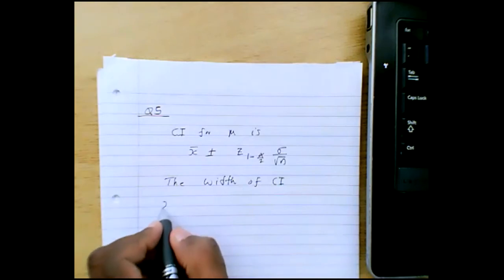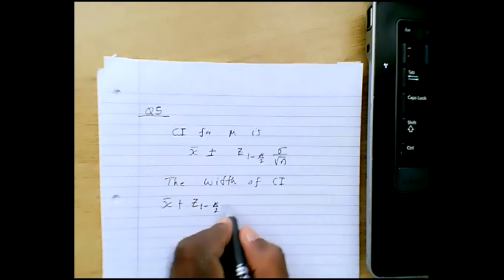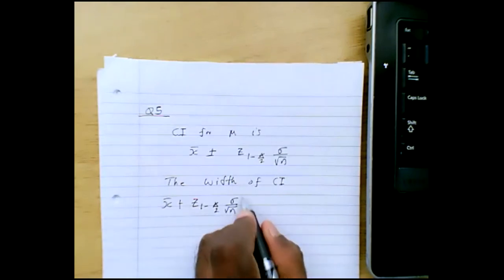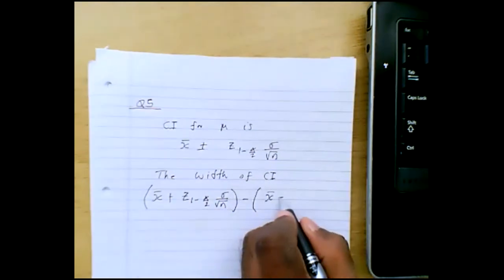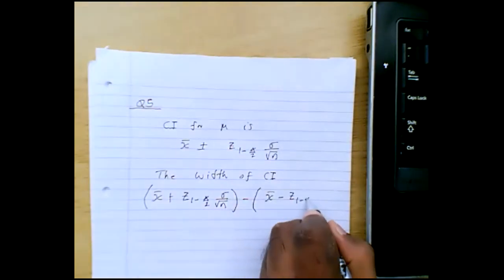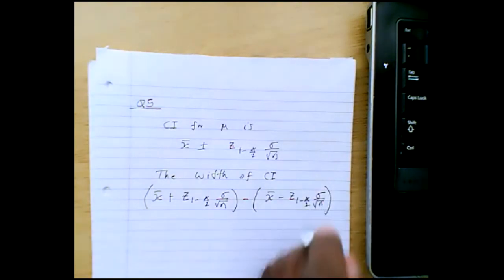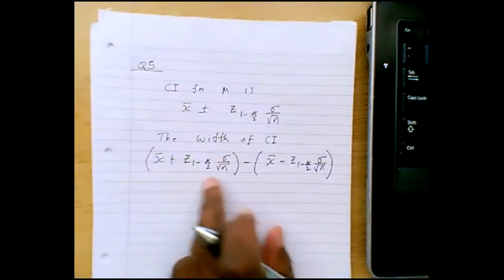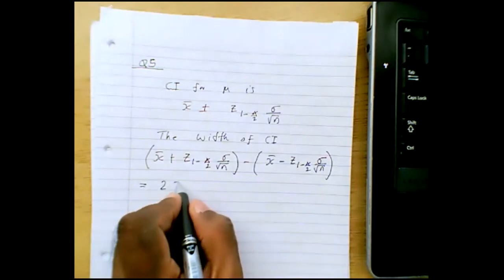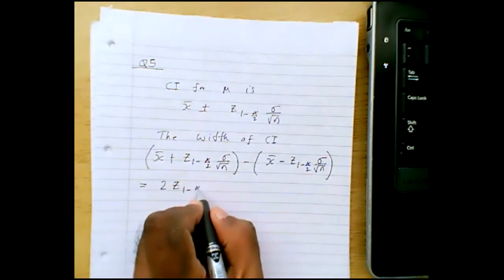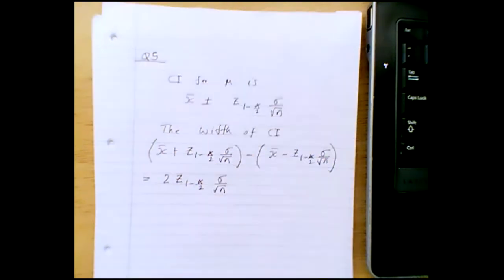So the upper limit minus the lower limit, if you take the difference of these two, you will get 2 times this. So this is the width, right?